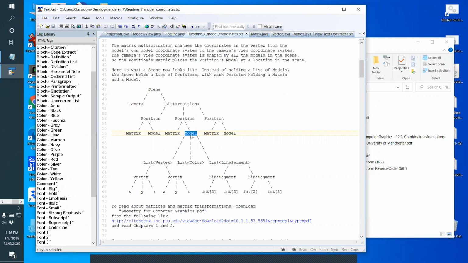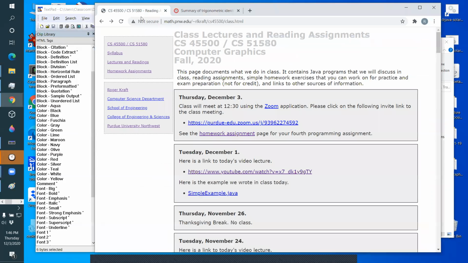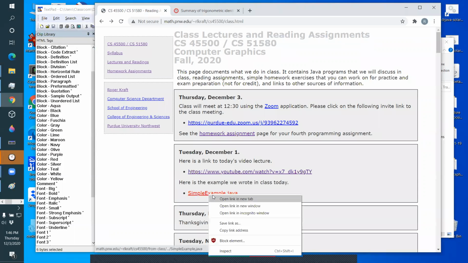Same with this model. This model might be scaled, then translated, then rotated again, but all that's buried in that one matrix. And we saw in class the other day how you could pre-multiply these matrices together. We saw it in this example.